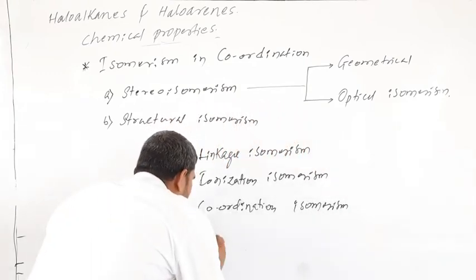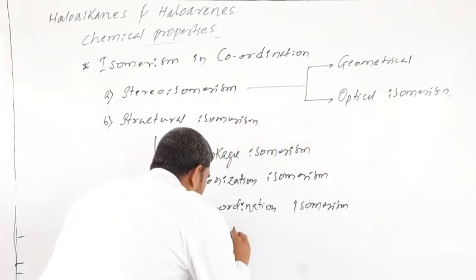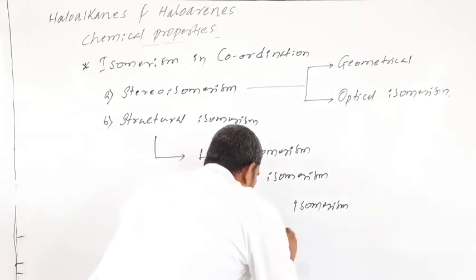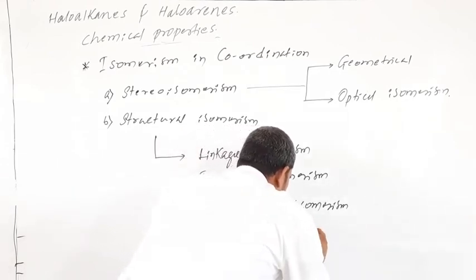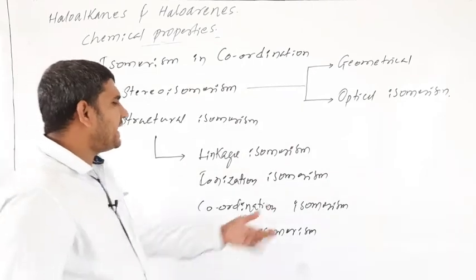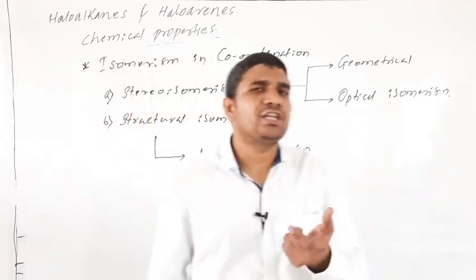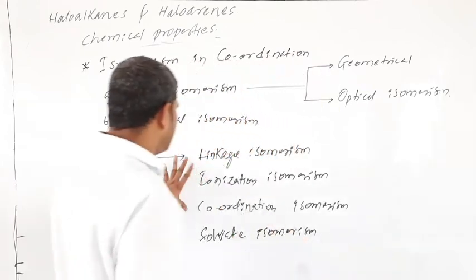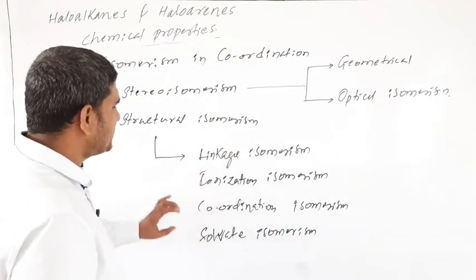Fourth one is solvate isomerism. Two more types are there: one is ligand isomerism, another one is coordination position isomerism, but for the point of examination, these four are very important.